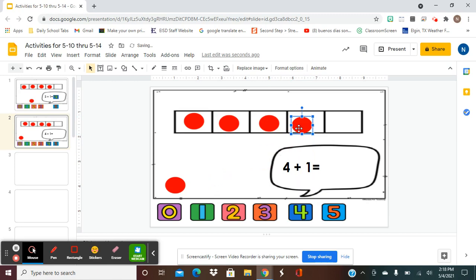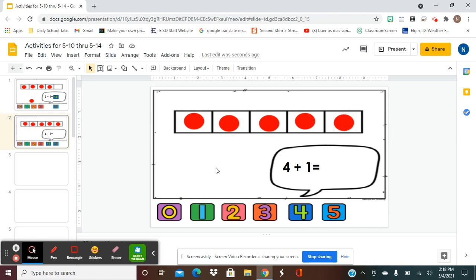Good job. So now 4 plus. That symbol or sign is called a plus. That means we're going to put more. How many more are we putting? 4 plus 1 more. So we're going to grab 1 more and put it up here. And our answer is going to be how many I have up here all together.